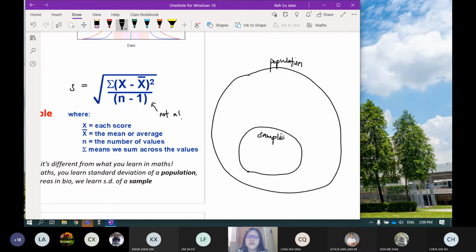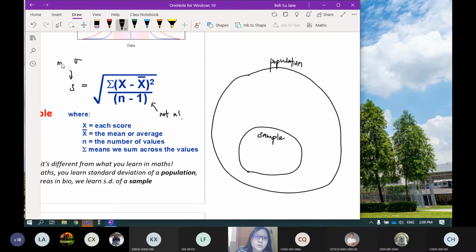The sample would definitely not be 100% the same as the population. The mean of the sample and the mean of the population might be slightly different. The spread of data in the sample and the spread of data in the population would be slightly different as well. So therefore, the formula is different. The way we represent it is also different.